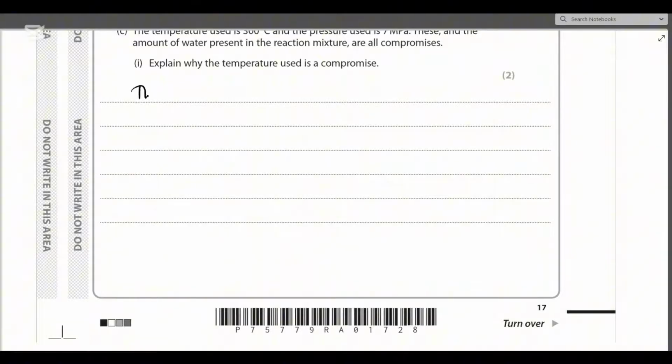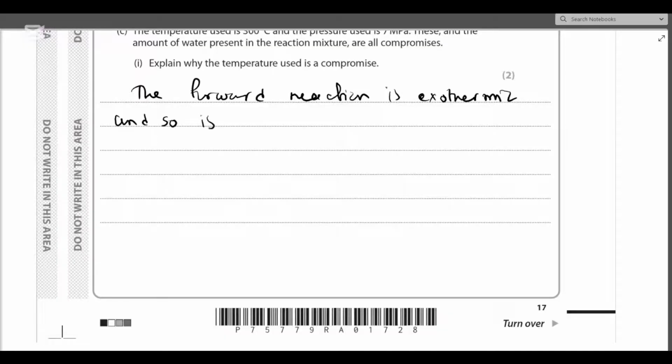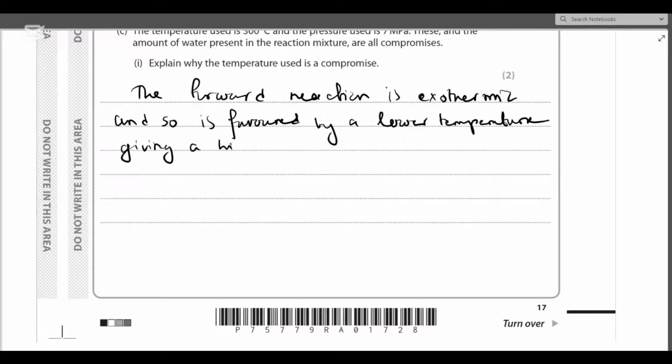So we can write it down. The forward reaction is exothermic, and so is favored by a lower temperature, giving a higher yield.